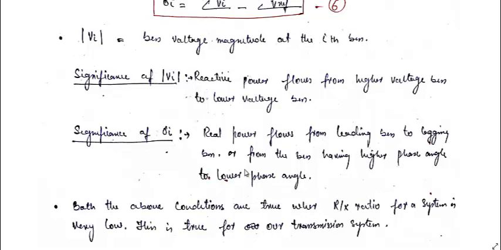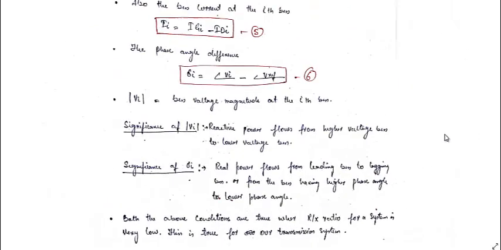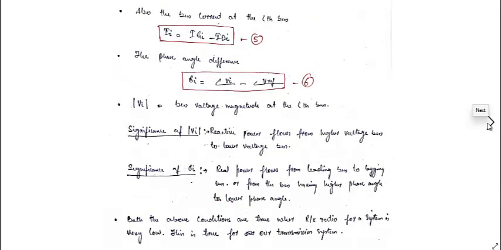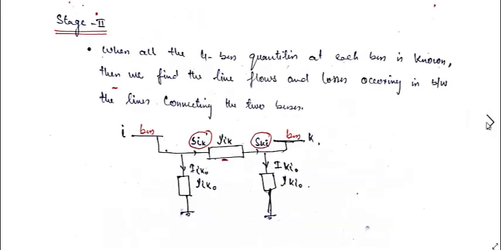In the transmission system, you will always see these things happening because it has a low R by X ratio. In that case, reactive power flows from higher voltage to lower voltage magnitude, and real power flows from the higher phase angle bus to the lower phase angle bus. So this is about the physical significance of V_i and delta_i.